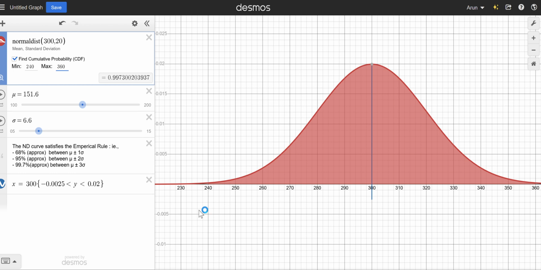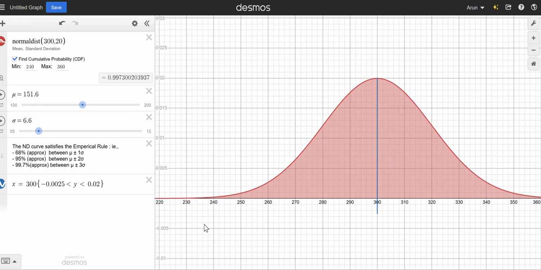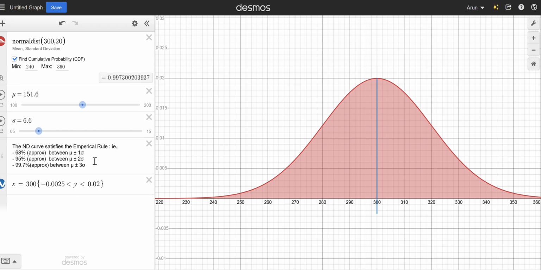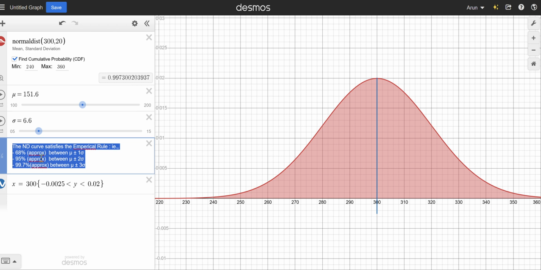With that said, I would like to close this session. I suppose by now you have a good idea about all the properties of the normal distribution curve, and more specifically, you have been able to appreciate, from the animated version, the interplay of mu and sigma and how the distribution changes, and finally the empirical rule and how it applies to all distributions.